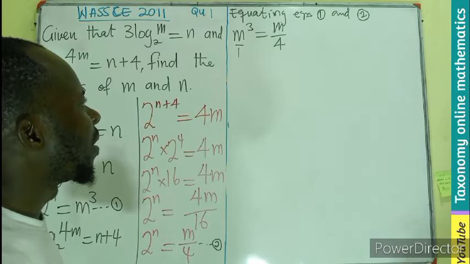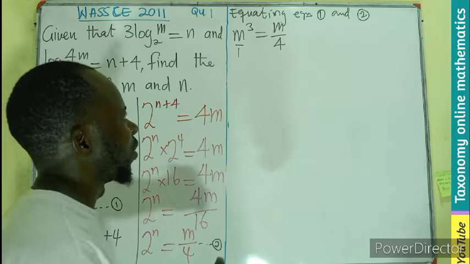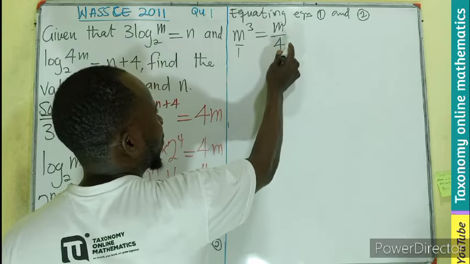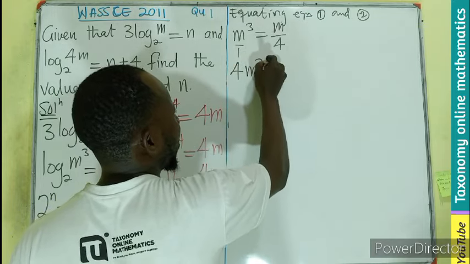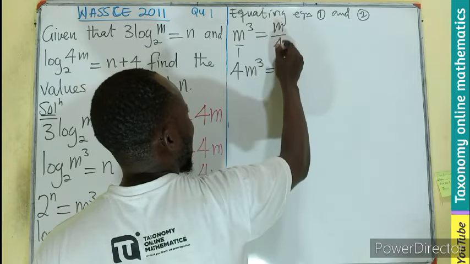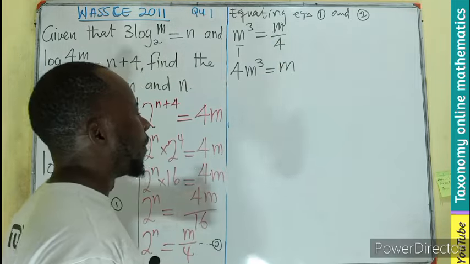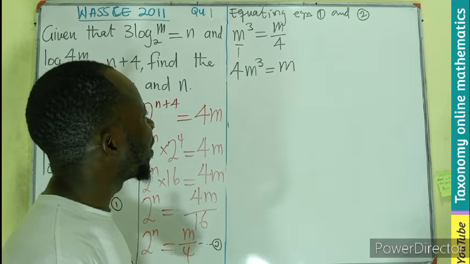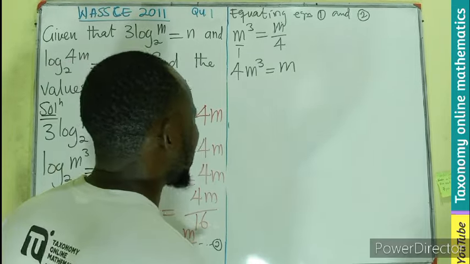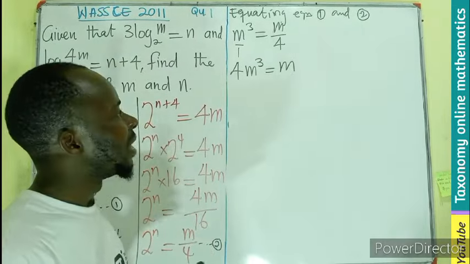What do we do further from here? We can cross multiply, right? So let's cross multiply and have 4 multiplying m exponent 3, equals 1 times m. That is m. We are having m at both sides. Let's divide both sides by m.